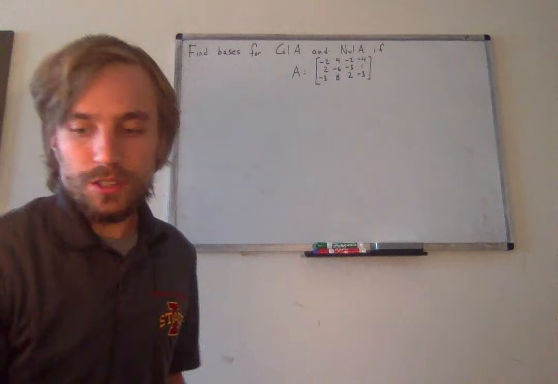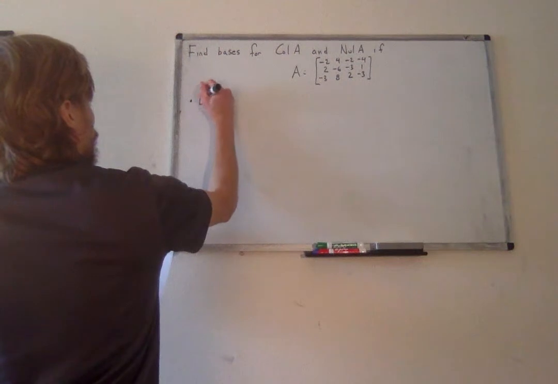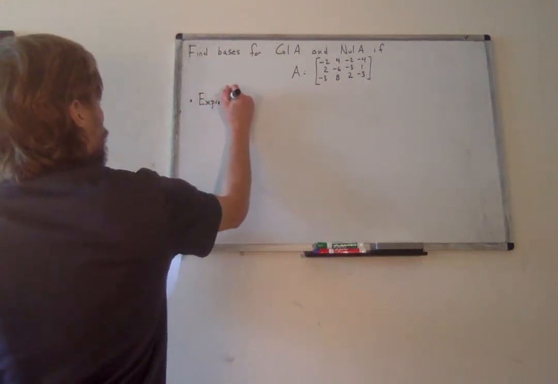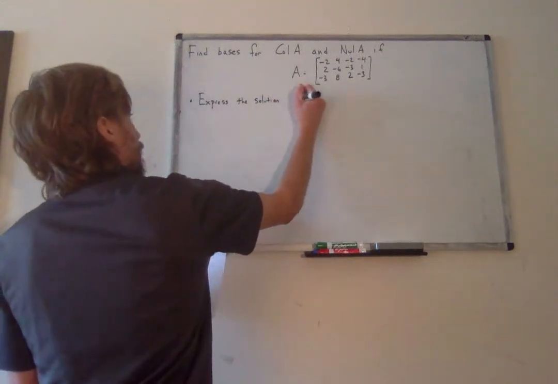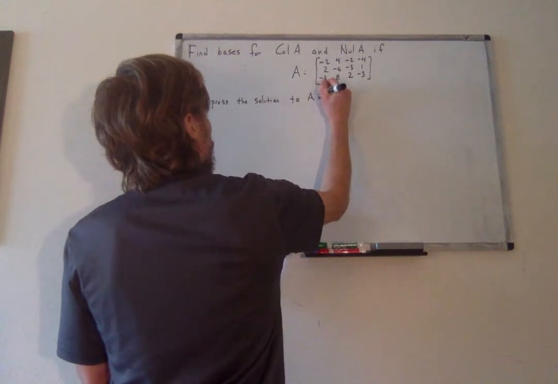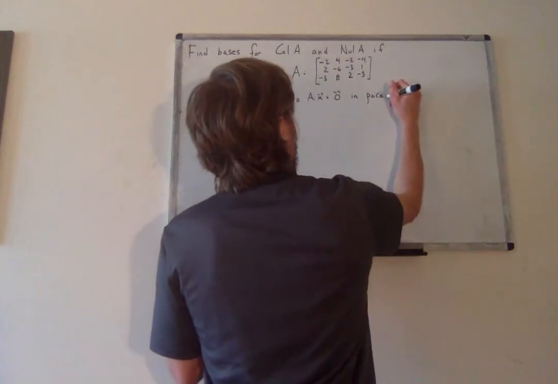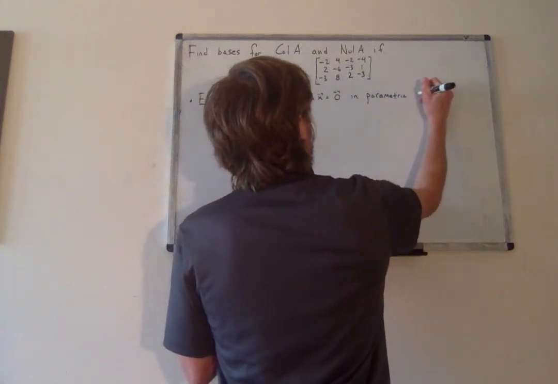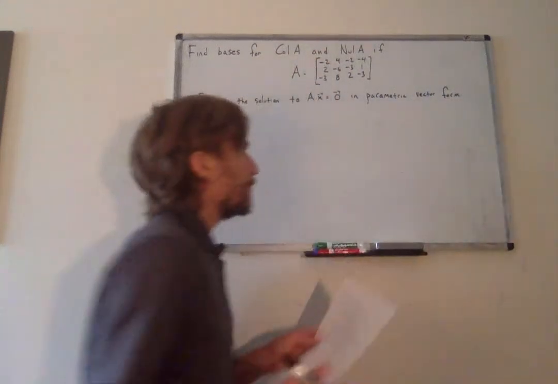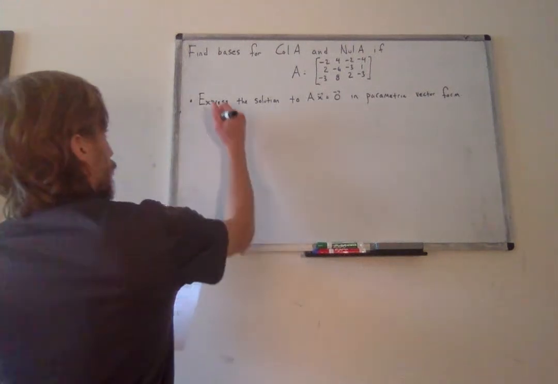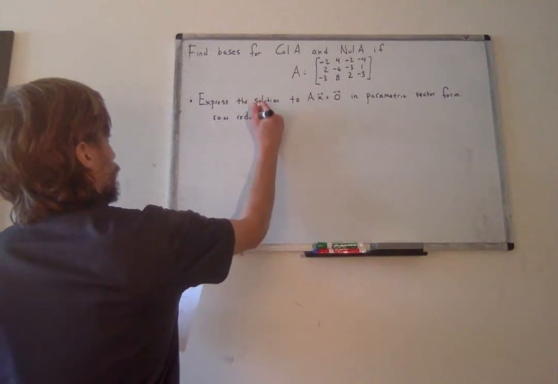So to do this, we want to express the solution to Ax = 0 in parametric vector form. Remember, to do that, we want to row reduce A, and so I erased the row reduced matrix, but I'll put it back up.